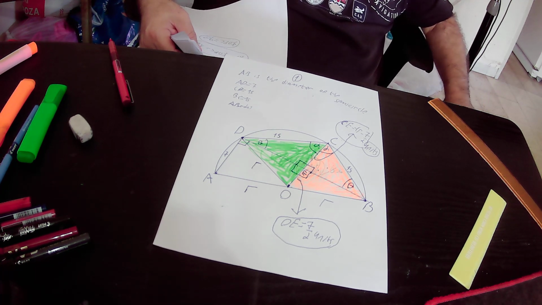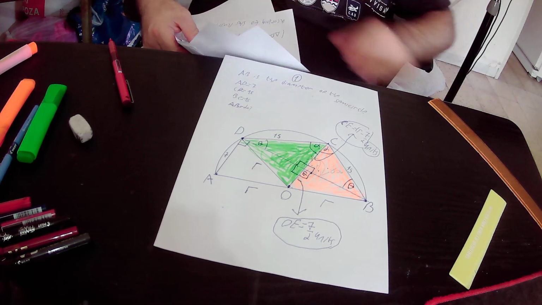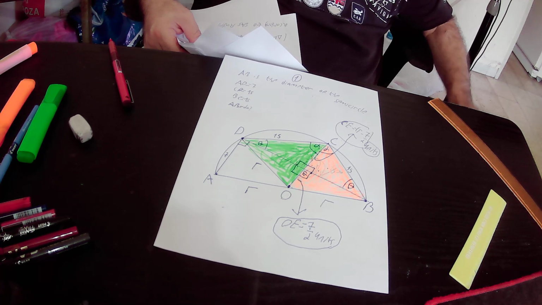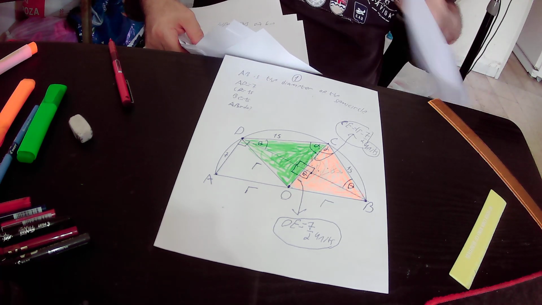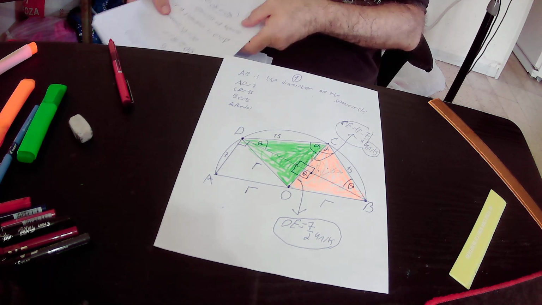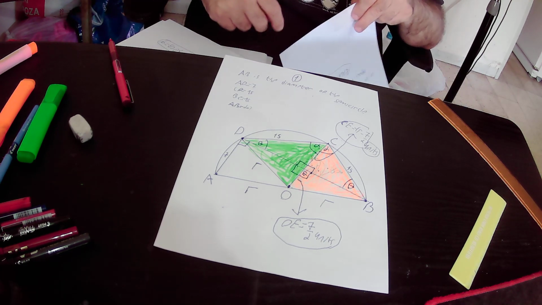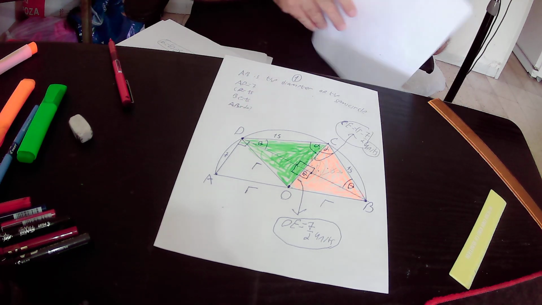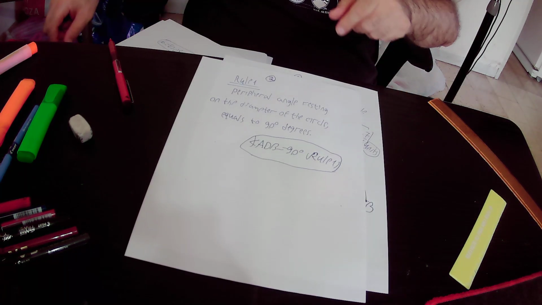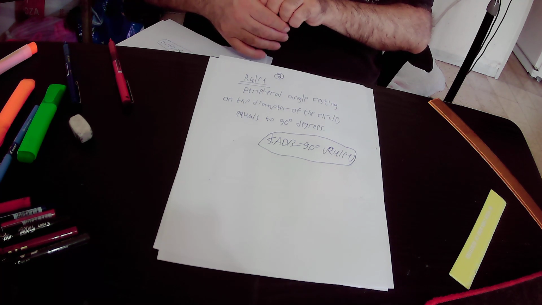Actually, the peripheral angle ADB is equal to 90 degrees in its size, according to rule number 1, that states that a peripheral angle resting on the diameter of the circle equals 90 degrees.